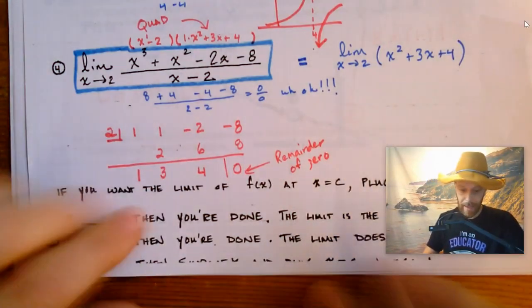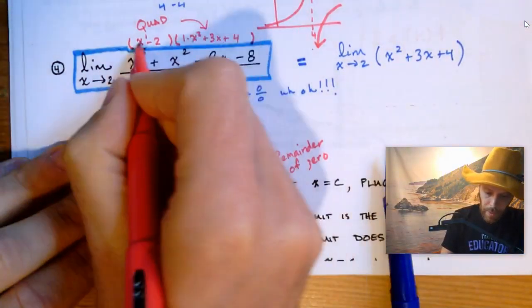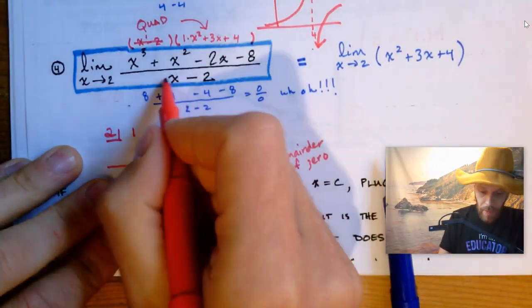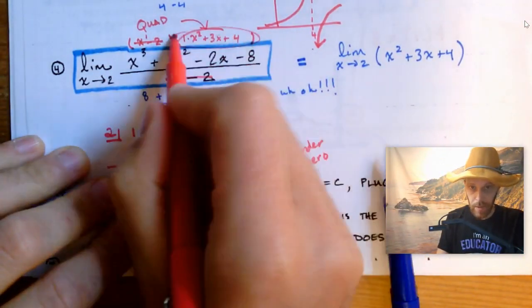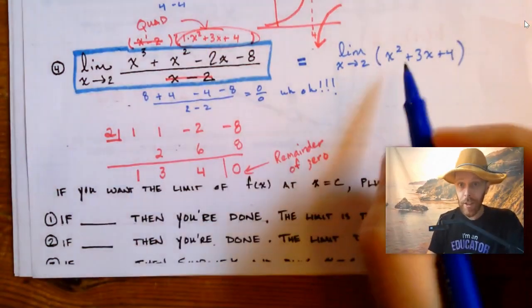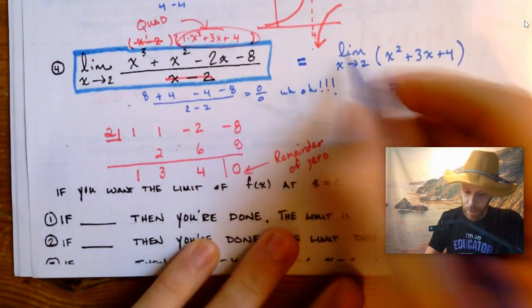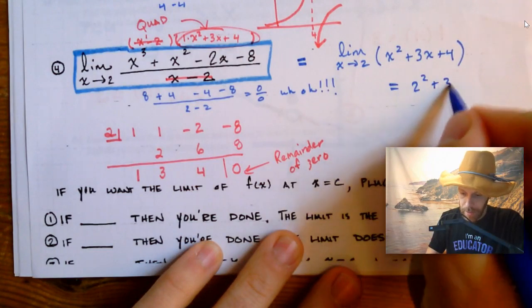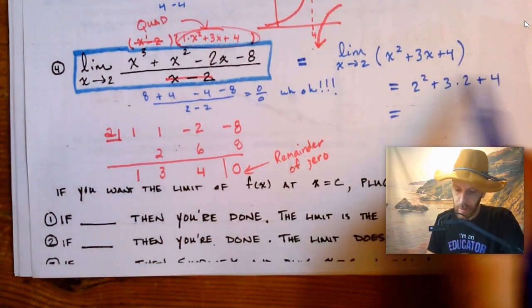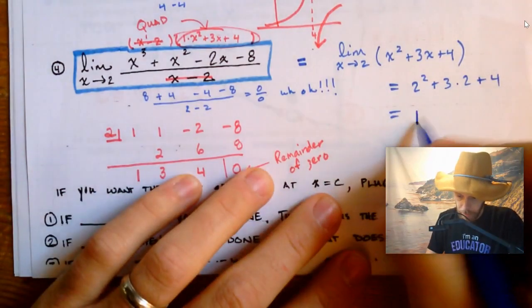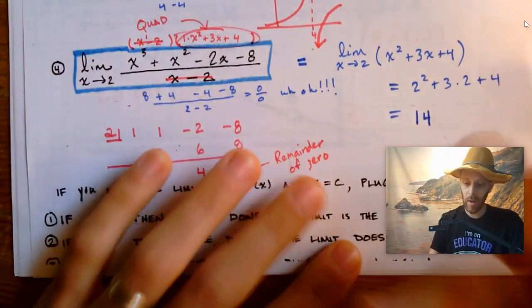I said I can cancel this with this, leaving us with this. Now you just do your little pluggy doodles. So 2 squared plus 3 times 2 plus 4 gives us a 6 and 4, that's 10. That's going to give us a 14 is our answer.